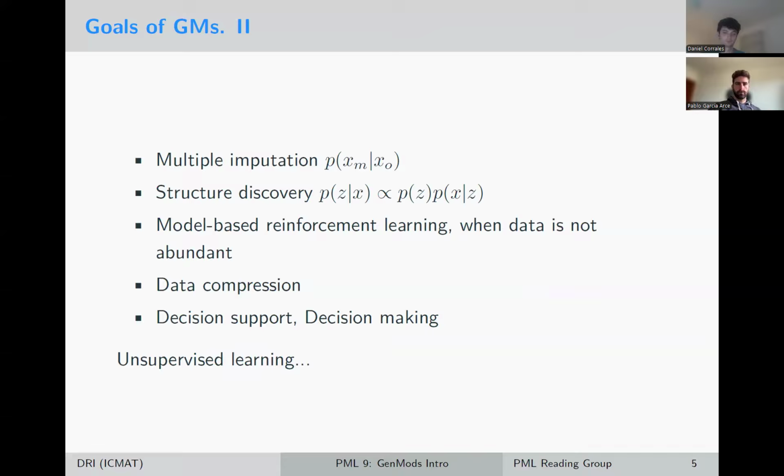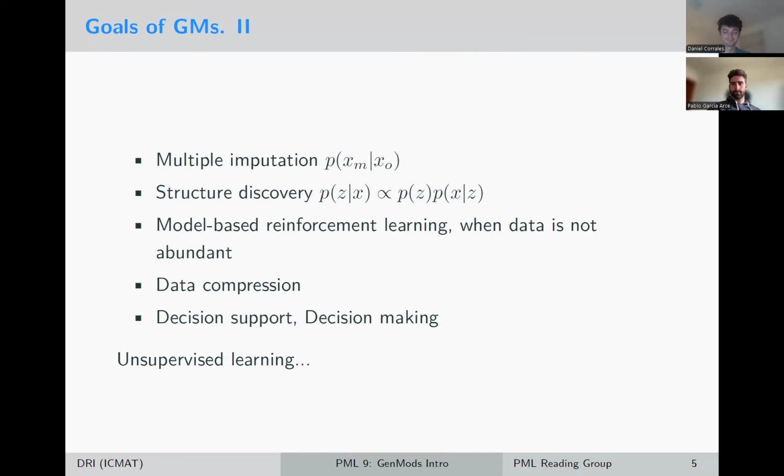That's useful, for example, in one close project, when you generate new molecules, for example in drug discovery, and you want to explain what are the most relevant latent variables, pieces of molecules in those molecules that you are generating.